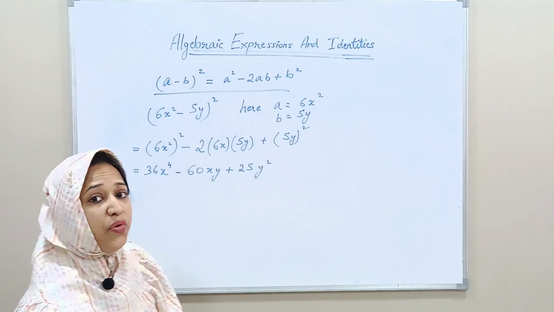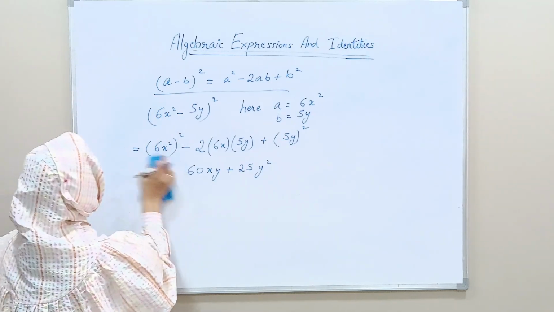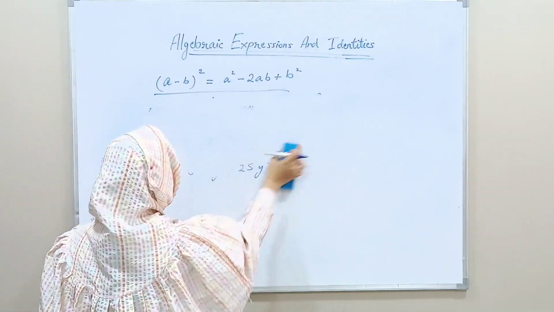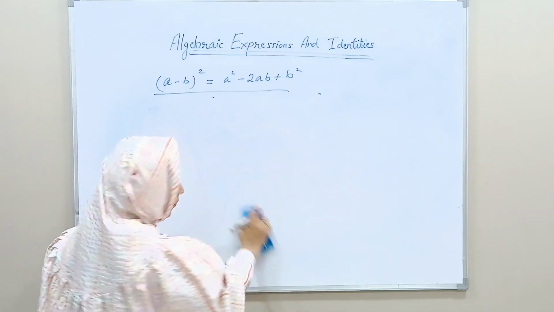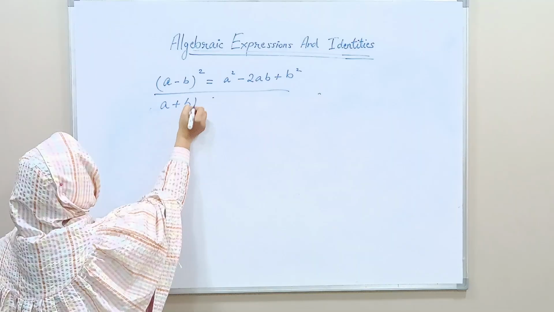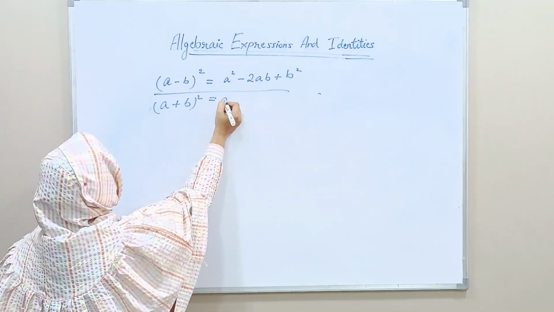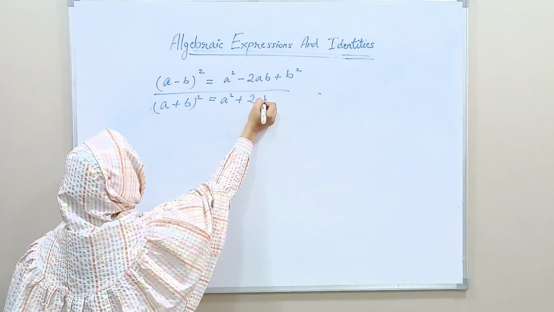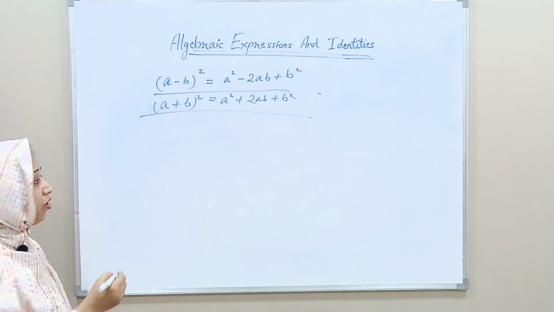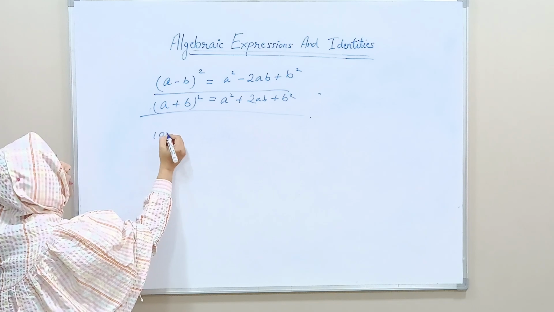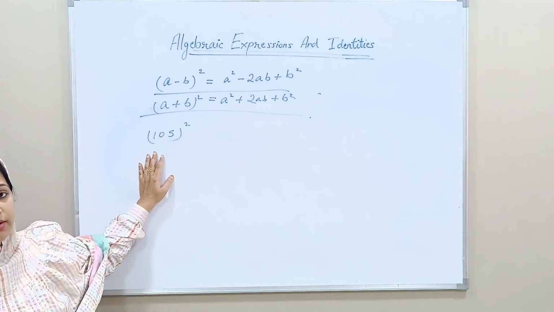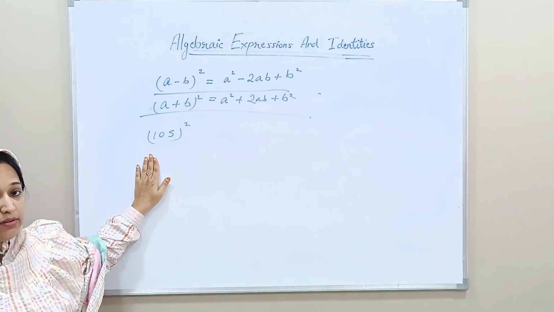Now let us take a few different types of questions. Let me write down the first identity also, that is (a + b) whole square, which says a² + 2ab + b². Now if you are asked to solve 105 whole square using the identity, how can we do this?